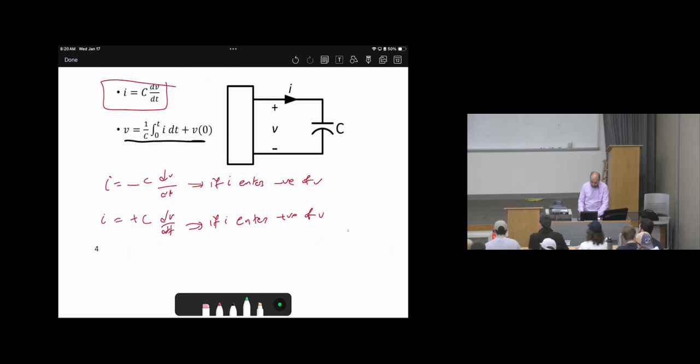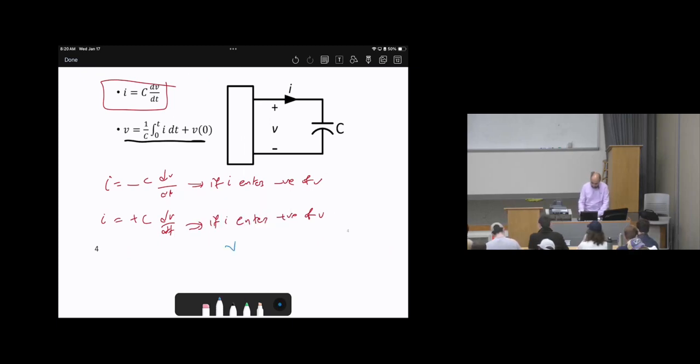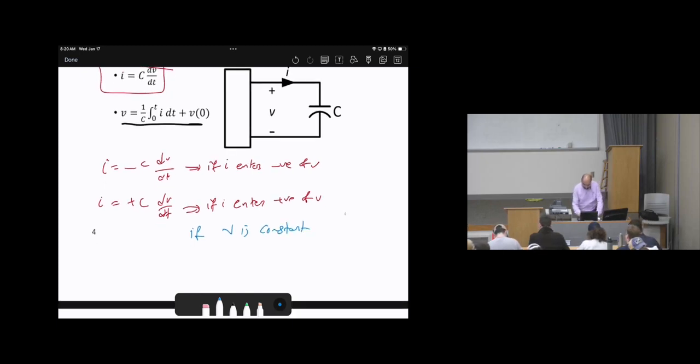Now, how about if I assume voltage is constant? If V is constant, then I will be C d by dt of the constant. The time derivative of the constant is 0. Therefore, the current will be 0.